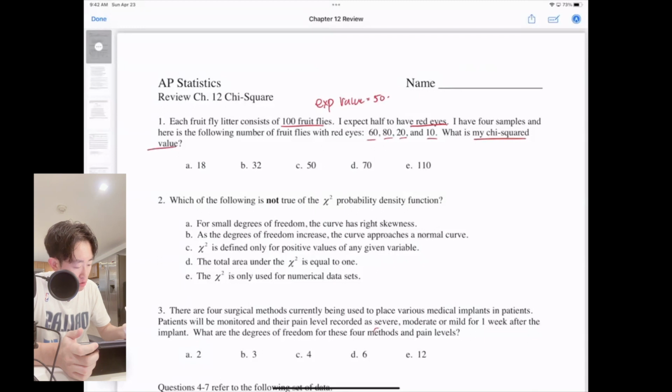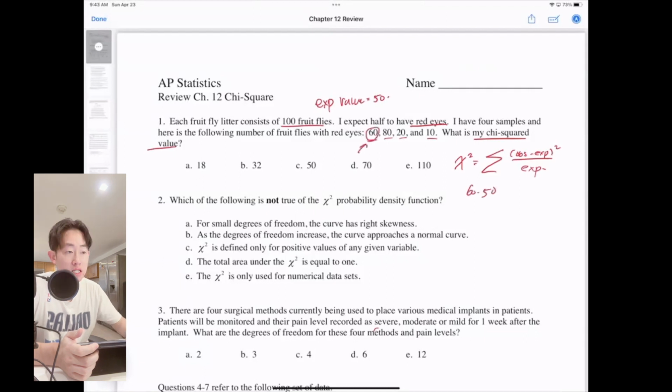Remember, for chi-squared value, it's the summation of all of your observed minus expected squared over expected. So you can just simply subtract the values from 50 for each of them. So 60 minus 50, because that's the first observed value, minus the expected, which is 50, divided by 50, because that's your expected value. Oh, don't forget to square that as well.